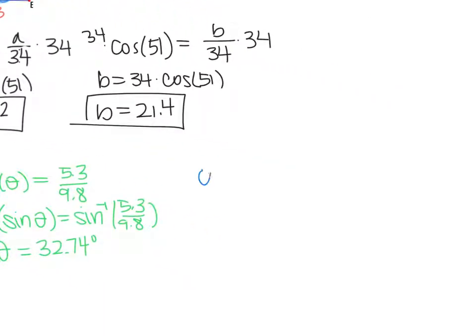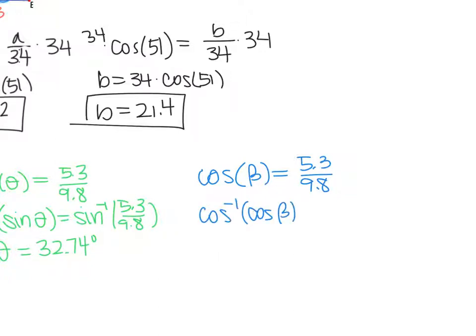So cosine of beta equals 5.3 over 9.8. To solve for beta, we take the cosine inverse of both sides.